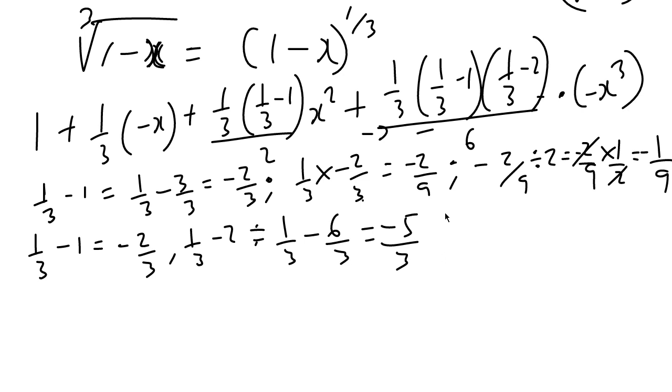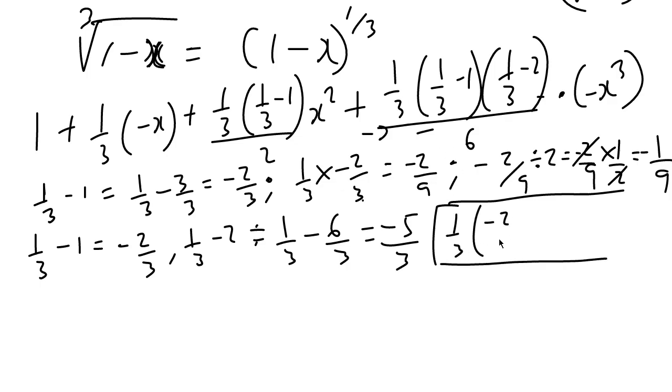And then in general, remember, there is a 1 over 3 here, multiplied by negative 2 over 3, multiplied by negative 5 over 3. Negative 2 times negative 5 is positive 10. And 3 times 3 is 9 times 3, 27. And then remember, it was divided by 6. I hope you are following me.